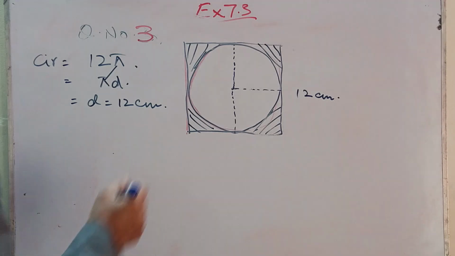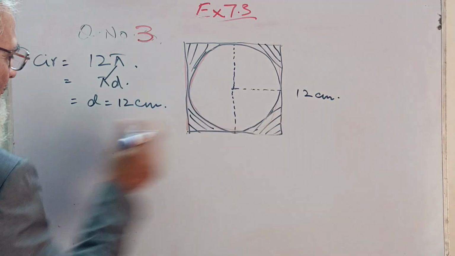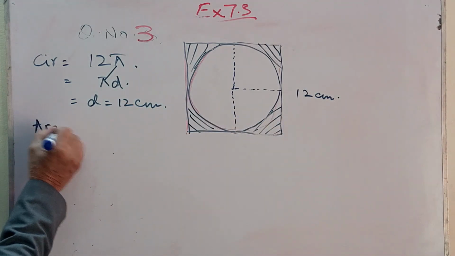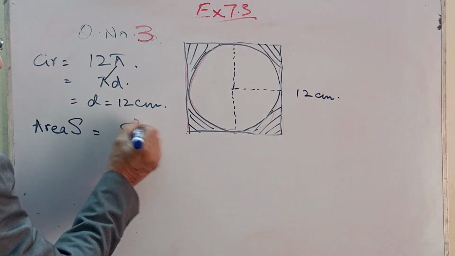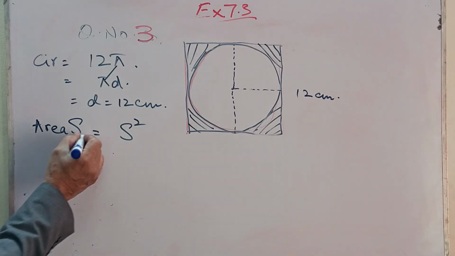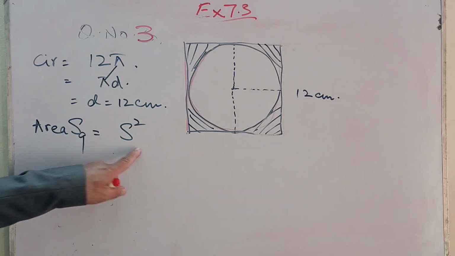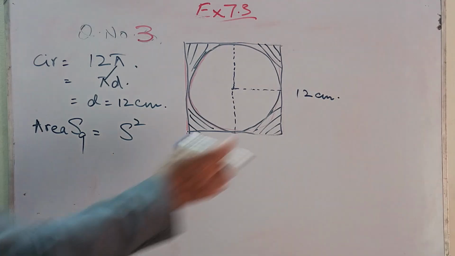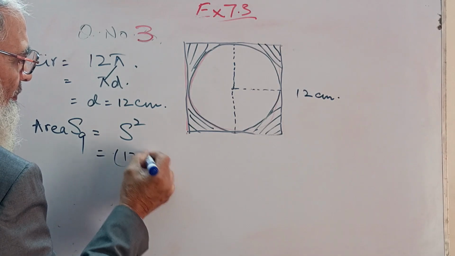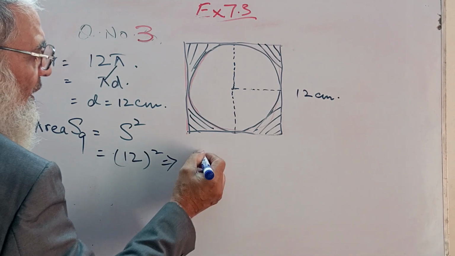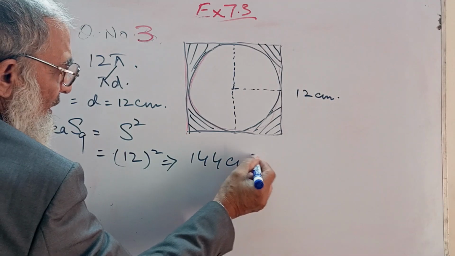So what will we do? We will find the area of square first. You know that area of square is equal to S square. So it will become 12 square, that is equal to 144 centimeter square.